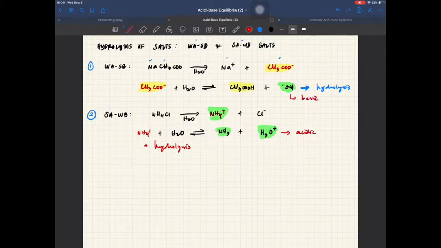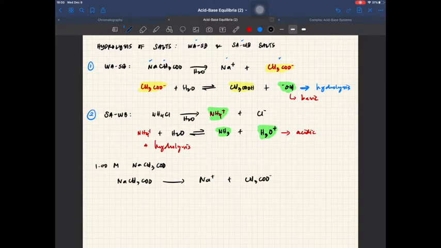Okay, but how do we calculate the pH of hydrolyzing salts? Suppose we have a 1 molar sodium acetate salt. What is the pH of the solution? When this salt is dissolved in water, it will completely ionize to sodium ion and acetate ion.